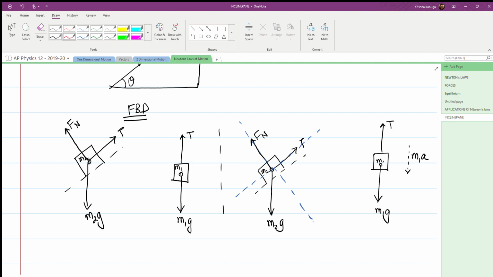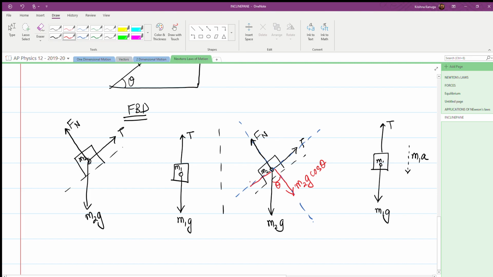Now, having chosen the axis, we recognize that the only force we need to break into components will be m2g. If you remember from the previous video, the angle that m2g makes with the y-axis is theta, and therefore the component perpendicular to the incline is going to be m2g cosine theta.